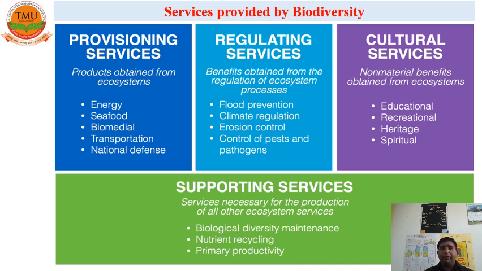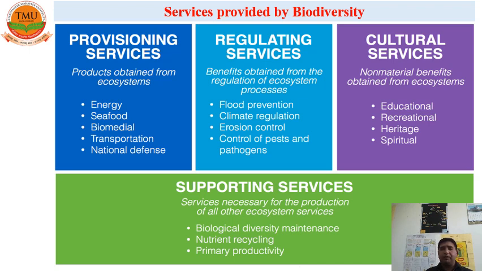Our life depends on other types of living beings because they provide us different types of services, also known as ecosystem services or biological services. For example, some animals provide us direct food, some microbes provide us different types of medicines, and plants provide us many types of materials. All of these services have been classified into four types.